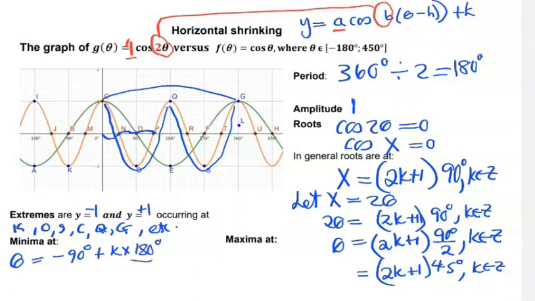Previously we had 360 degrees, so it's a shorter period now. And the maxima occur at theta equal to, if we look at the first maxima, that's at 0 degrees plus K times 180 degrees, where K is an element of Z.